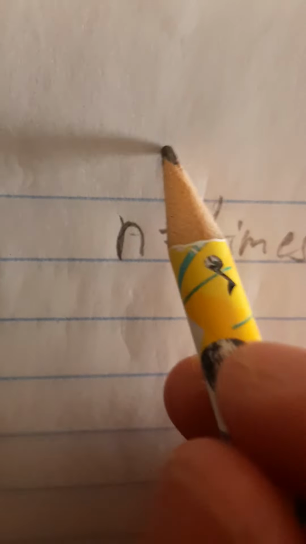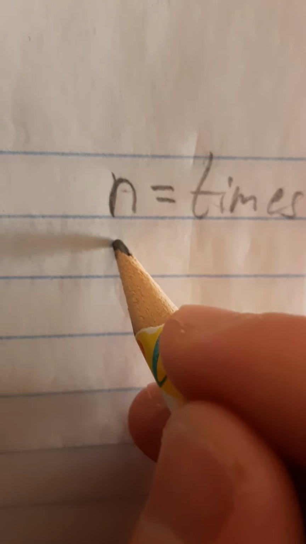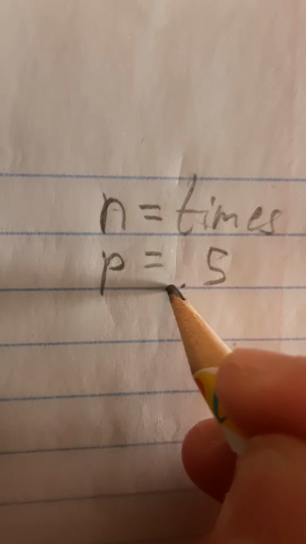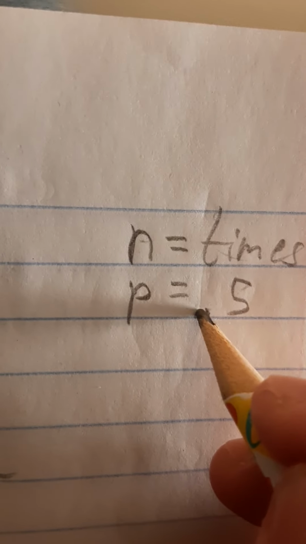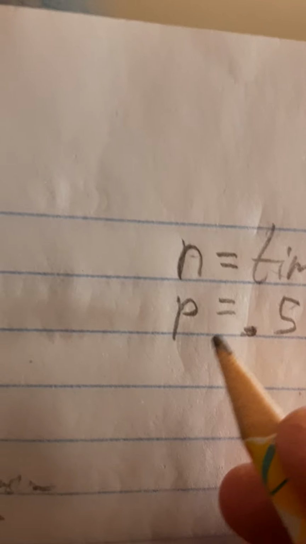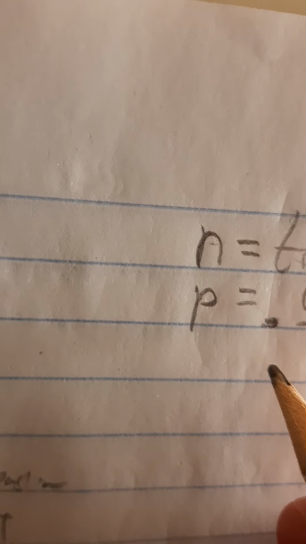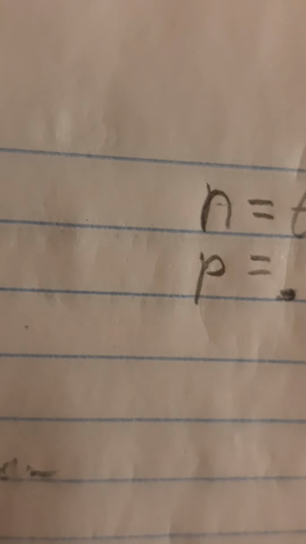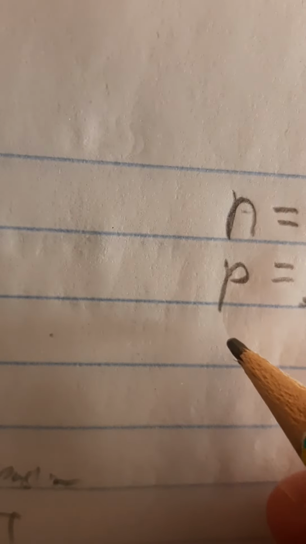So in this case, it's flipping a coin. How many times we flip a coin. And p is the probability. In this case, it's half. Half heads, half tails. You would have to specify which is p and which is q if you had a different probability. If it was, let's say, 40% for heads and 60% for tails, then you would have to specify. But in this case, they're the same.